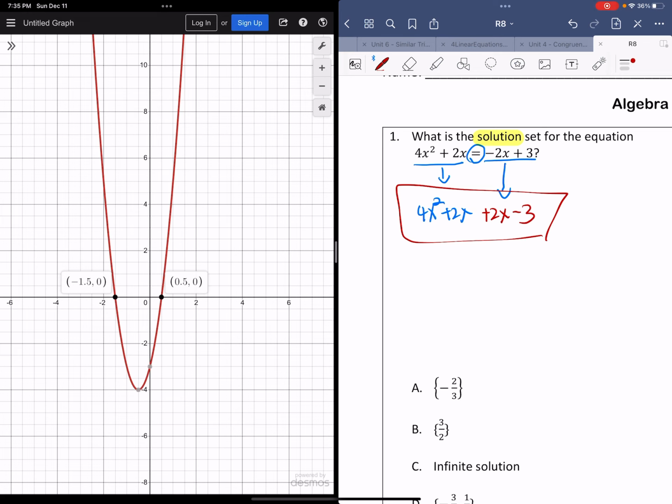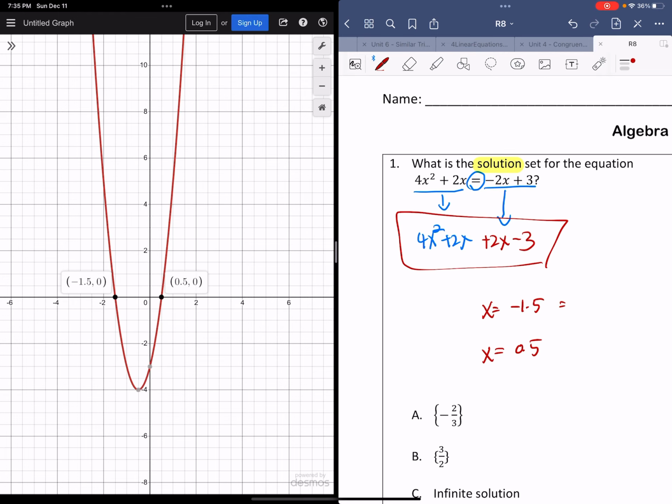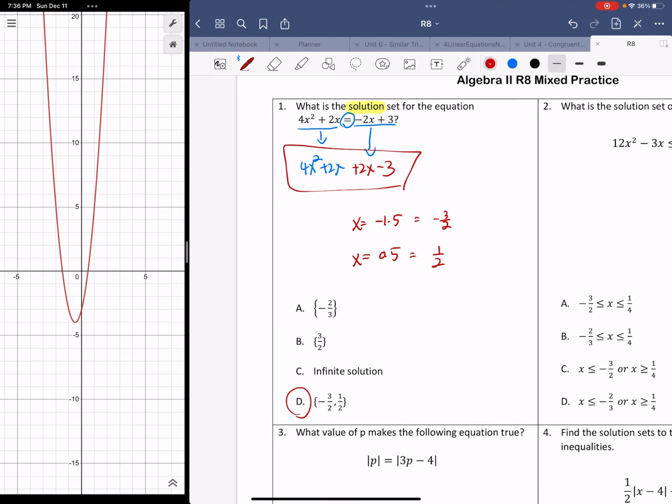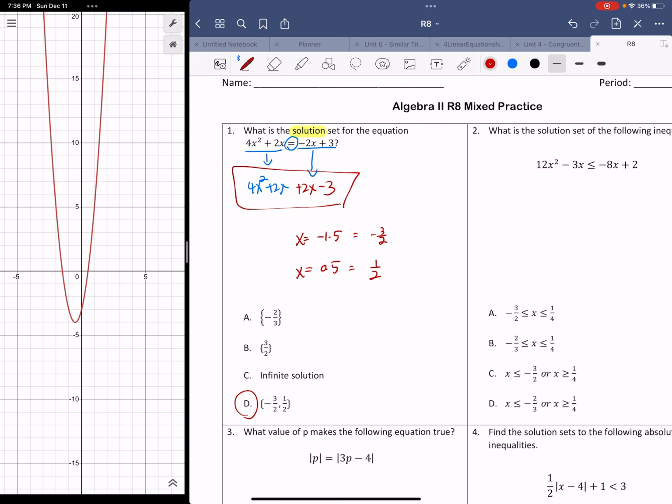So negative 1.5 and x equal to 0.5, which, if you flip this one into fraction, is going to be negative 3 over 2 and positive 1/2, which means you have two answers for this one. So to me, it looks like the answer is going to be D. I mean, obviously you have two answers, so that's the reason.